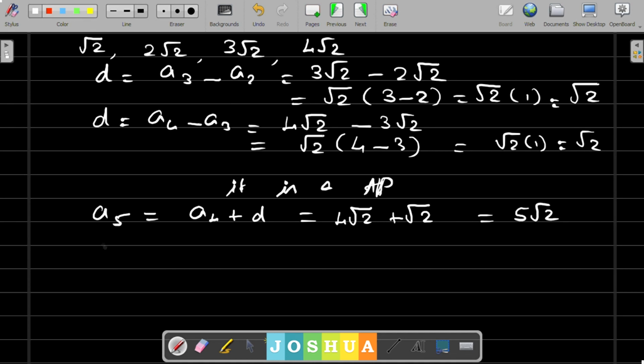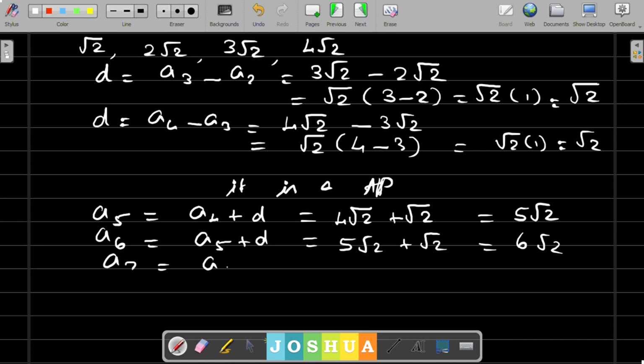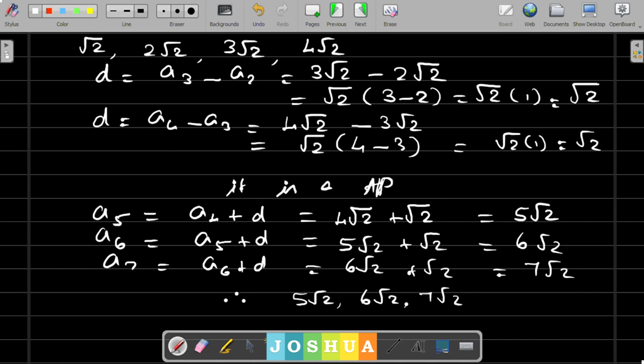Next, the sixth term, a6 equals a5 plus the difference. a5 is 5 root 2 and the difference is root 2, that is 6 root 2. And a7 is equal to a6 plus d, that is 6 root 2 plus root 2, which is 7 root 2. So therefore the three more terms are 5 root 2, 6 root 2, 7 root 2.